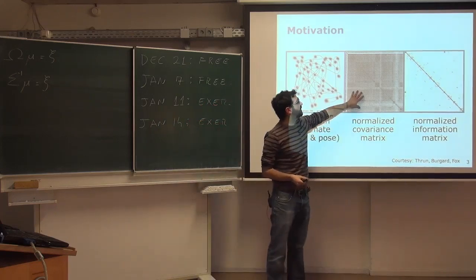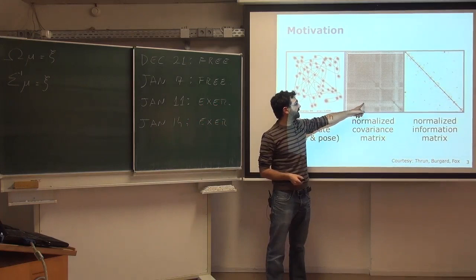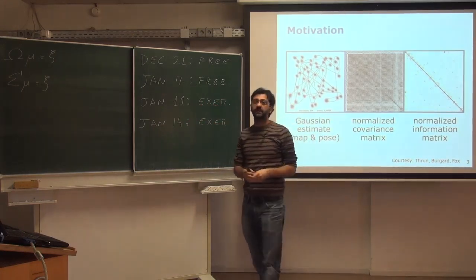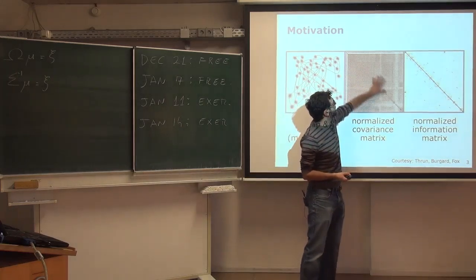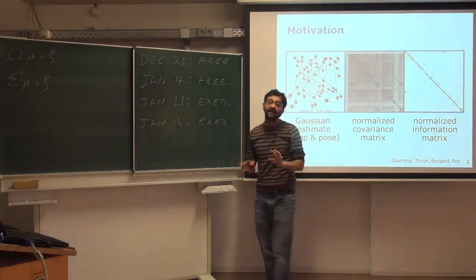You see that this is very dense. Here the whiter means less correlated, the darker means more correlated. But you can see that it's a very dark matrix, or at least a light gray matrix.